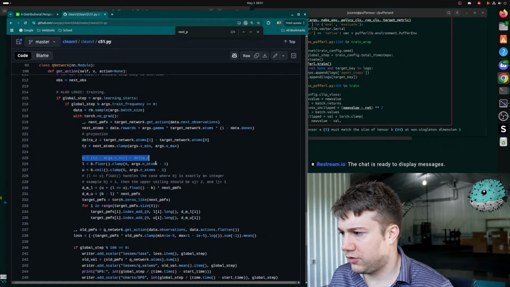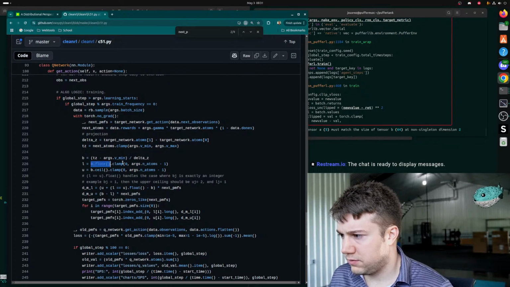Then they apply this transformation. So I think they're splitting it between two adjacent buckets or something here.